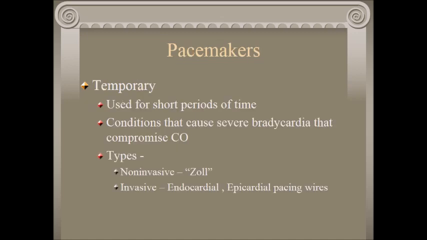So first, let's talk about temporary pacemakers. Temporary pacemakers are used for short periods of time. They are usually used for conditions that cause severe bradycardia that compromise cardiac output, such as digitoxicity, post-op coronary artery bypass patients, or valve replacement patients.